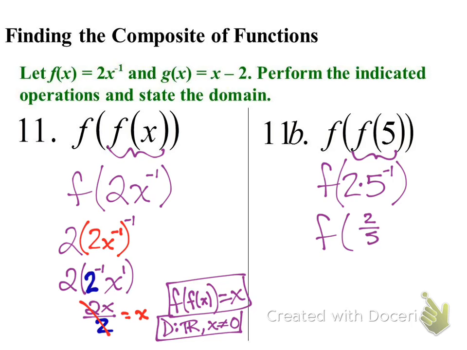Which we could look at as 2/5, 2 over the number. Well, I'm going to take that input, 2/5, raise it to the negative 1 power again, multiply by 2, and like we had a side conversation about, we flip this fraction, so 2 times 5/2 spits out 5.